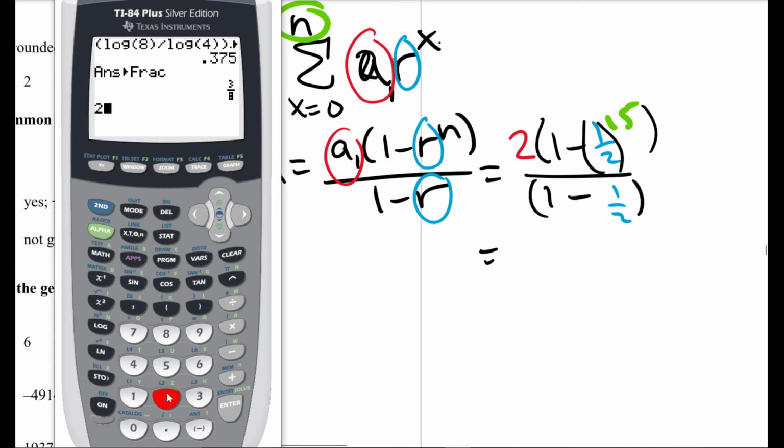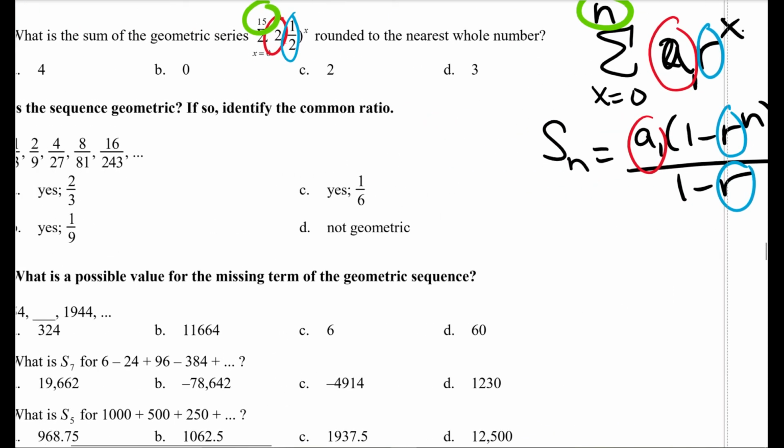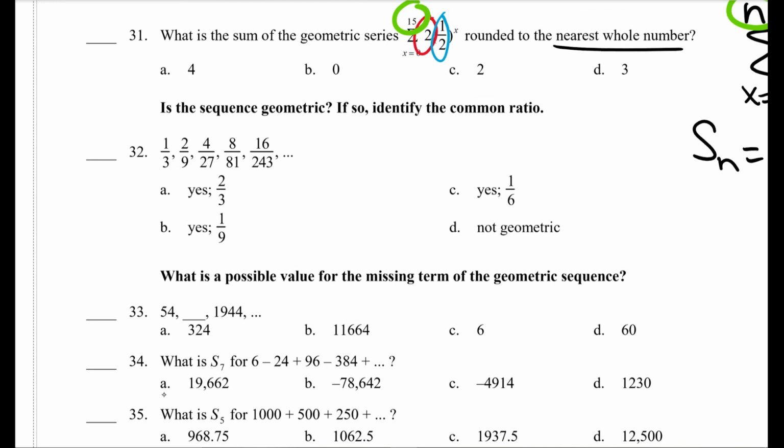So we have 2 times parentheses 1 minus parentheses 1 divided by 2 parentheses raised to the 15th, close, divided by parentheses 1 minus 1/2. All right, so we get about 3.9999, so about 4. To the nearest whole number, we got 4. All right, that's how we do the sum of the geometric series.